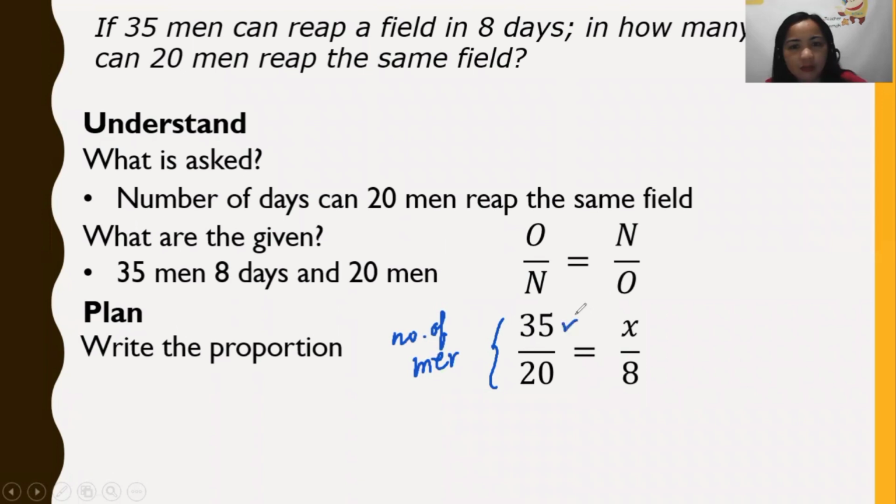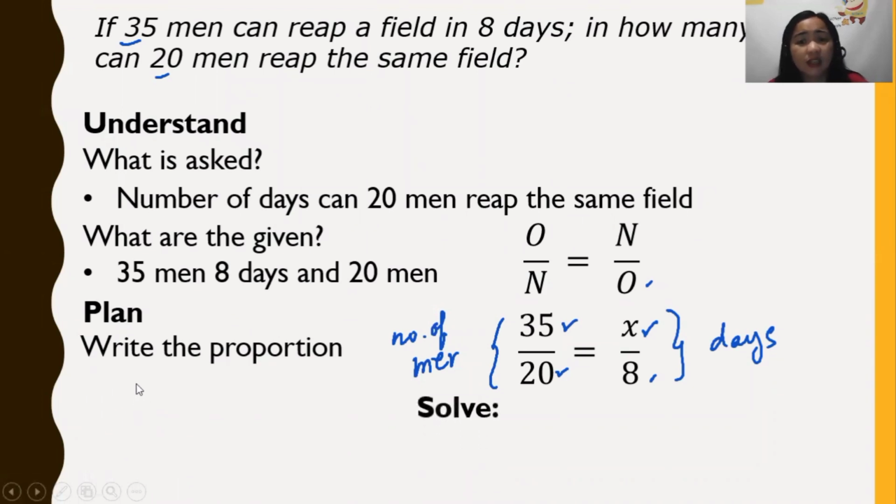The original number of men is 35 and the new number of men is 20. Binawasan yung tao. Now, the original number of days is 8. Ngayon, hinahanap yung bagong number of days. Paano kung umunti daw yung tao?